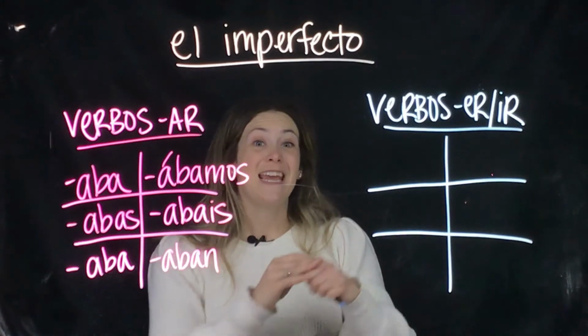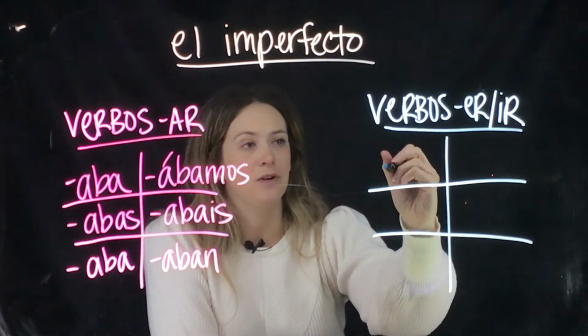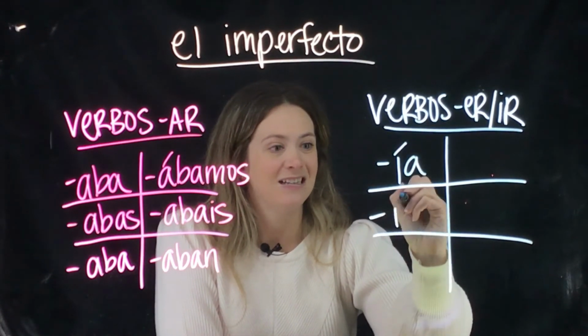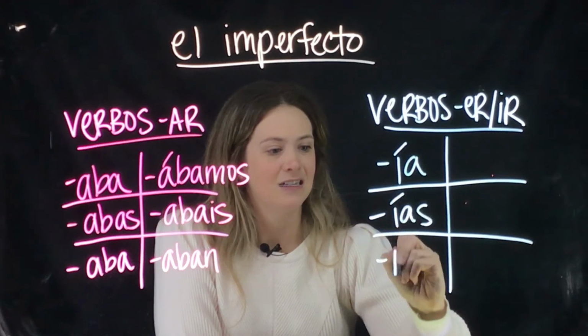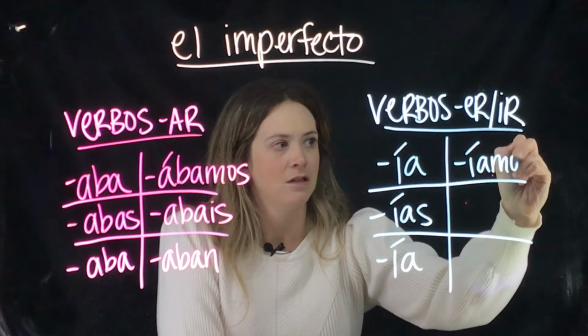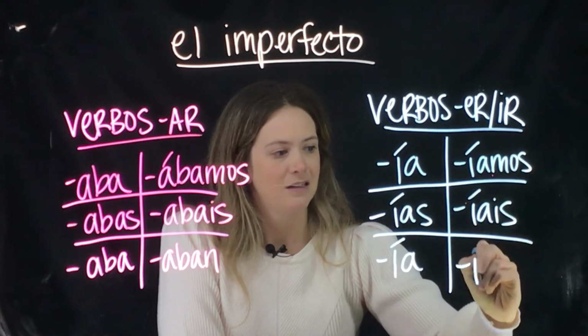Para los verbos ER e IR, tenemos las mismas conjugaciones. So it's only one set to memorize here. Tenemos ia, ias, ia, íamos, íais, ian.